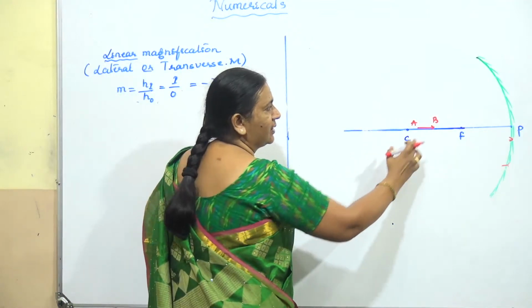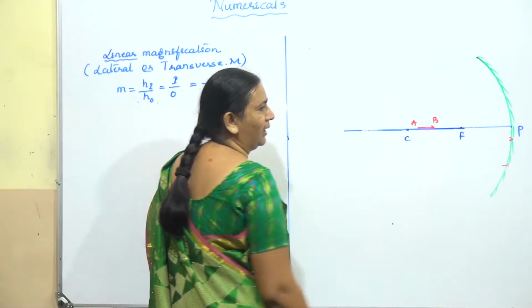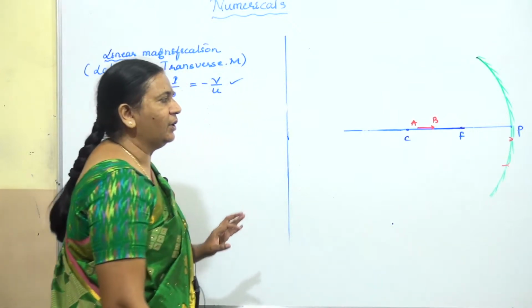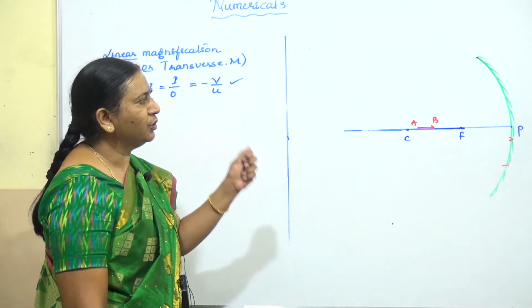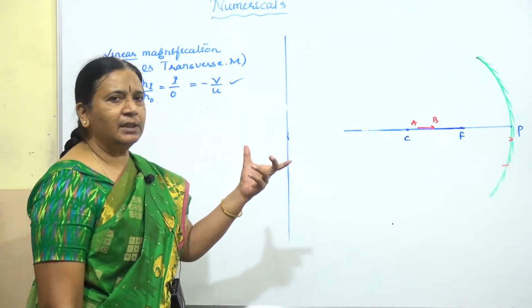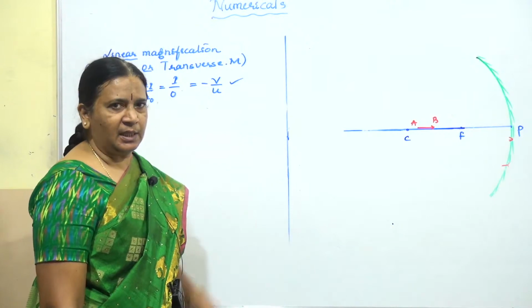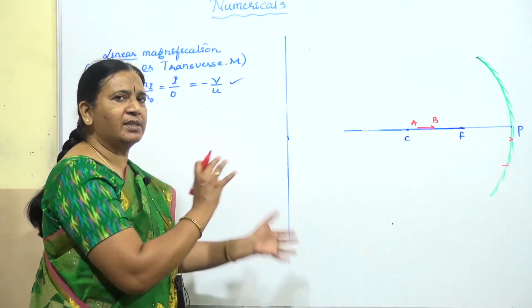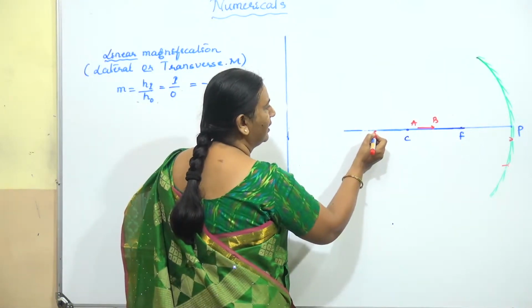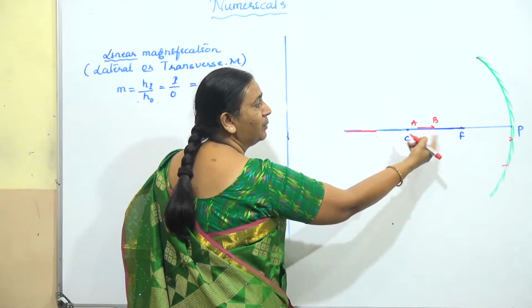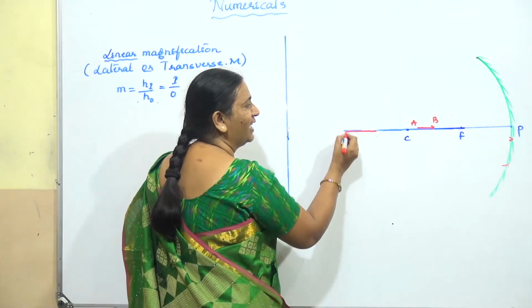But there are conditions. If I'm keeping AB like this, you know very well, or practically will observe, that its image has to form beyond C, because both A and B are kept between F and C. When you keep between F and C, it should be magnified.